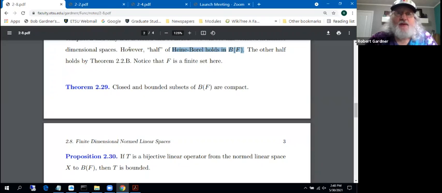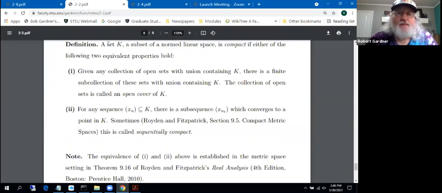And let's check out our definition of compact. We said set K, a subset of a normed linear space, is compact if and only if either of the following two equivalent properties hold. You're used to this first one.